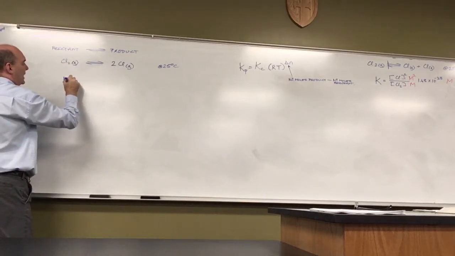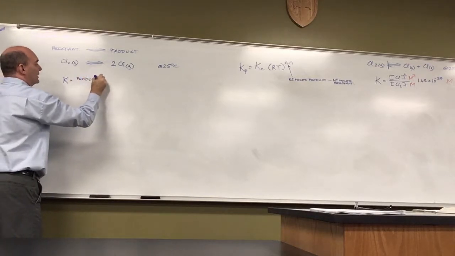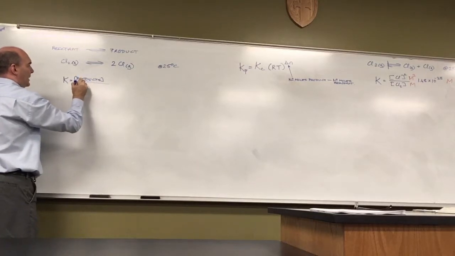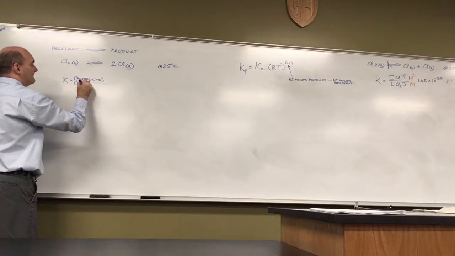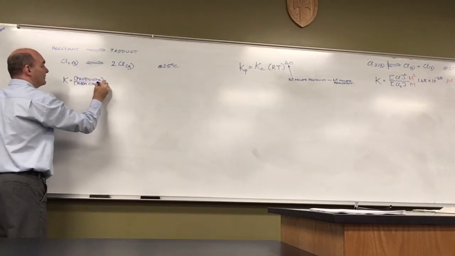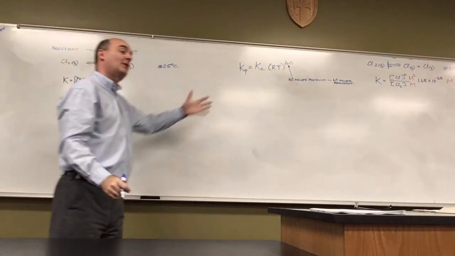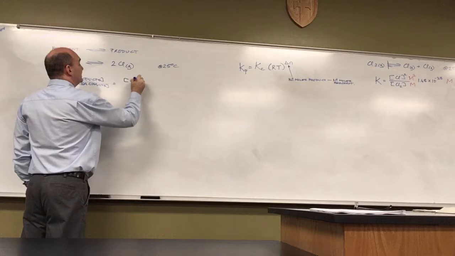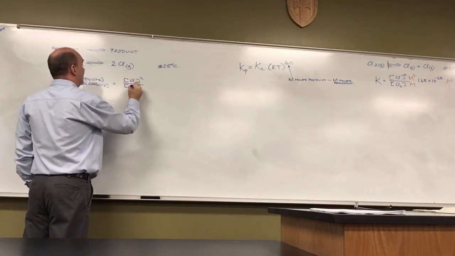The value of K is the concentration of the products raised to its stoichiometric power divided by the concentration of the reactants. And because our convention has the reactants be on the left and the products be on the right, that means Cl squared divided by Cl2.